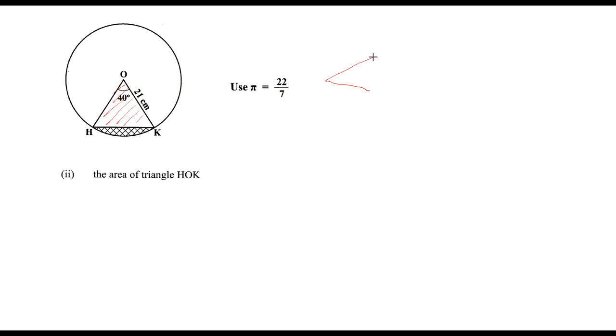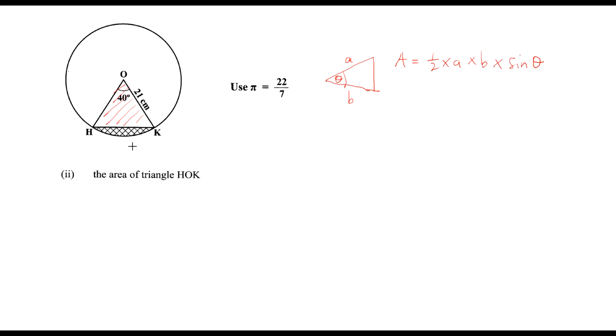Now, if we have a triangle and we have one angle in the triangle and we know the lengths on either side of the angle, so we have angle theta on two sides A and B, the area of the triangle is given by a half AB multiplied by sine theta.